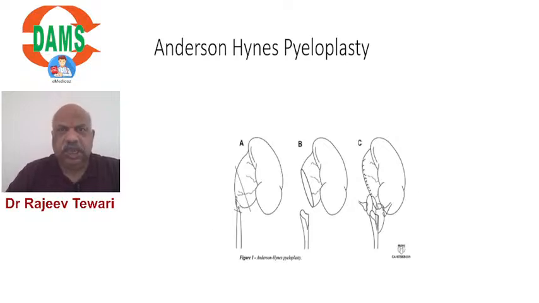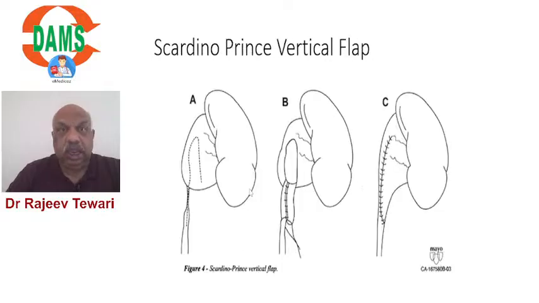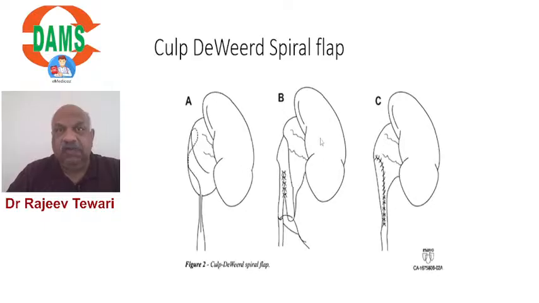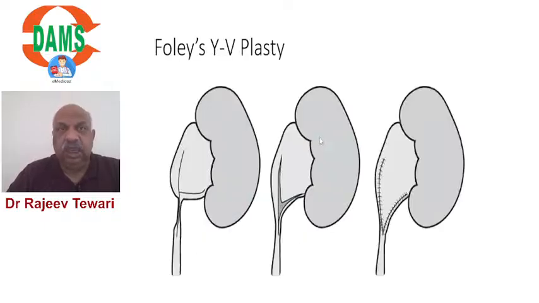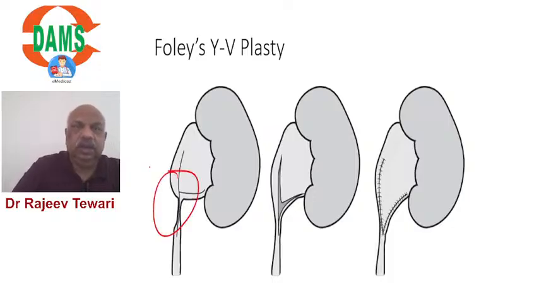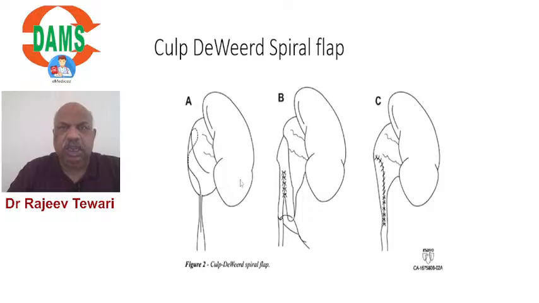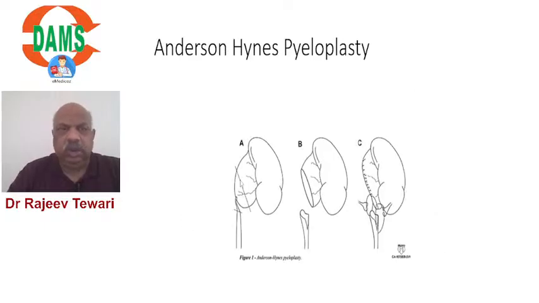Just cut this area which is diseased and do pyeloplasty. If you don't cut and separate, then we call it non-dismembered, which has a vertical flap, spiral flap, or even YV-plasty. Basically, the purpose is to make this area wide. So you can have different types of plasty. Only remember the one which is given in your book, Anderson-Hynes pyeloplasty, which is for PUJ obstruction, dismembered pyeloplasty.